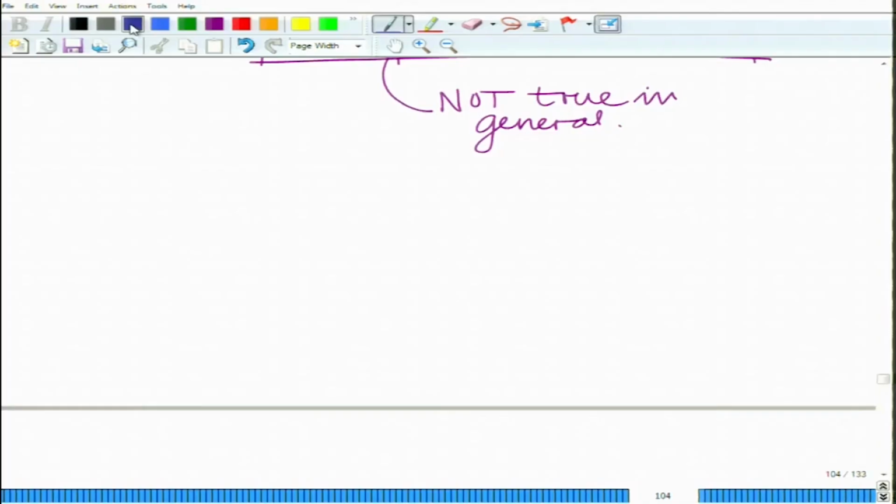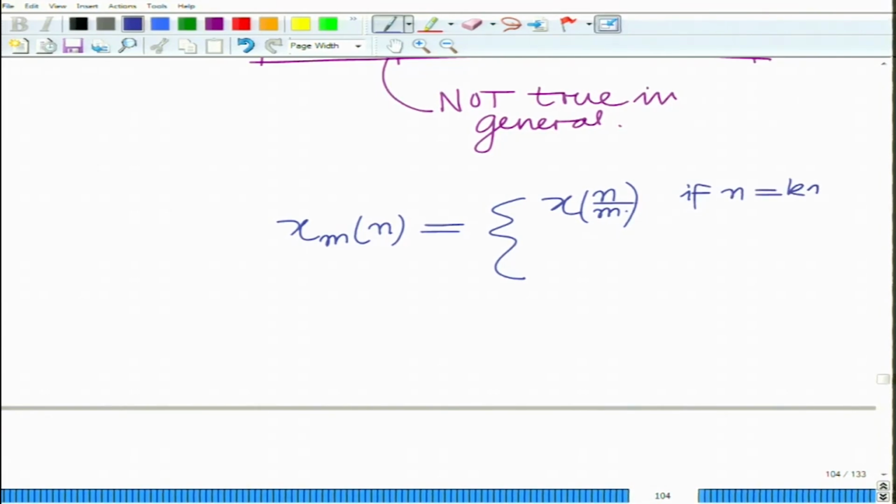However, the following result is true, that is if I define a signal x_m of n equals, for any integer m, x of n over m if n is a multiple of m, that is if n equals k times m, and equals 0 if n is not equal to k m.